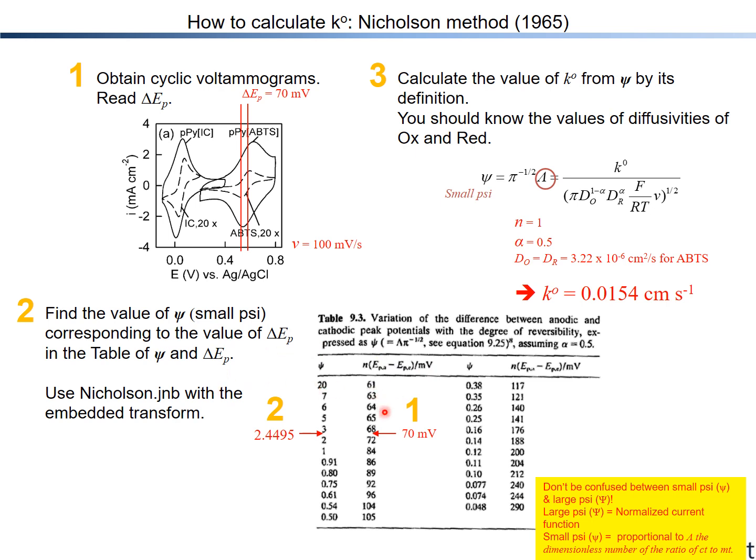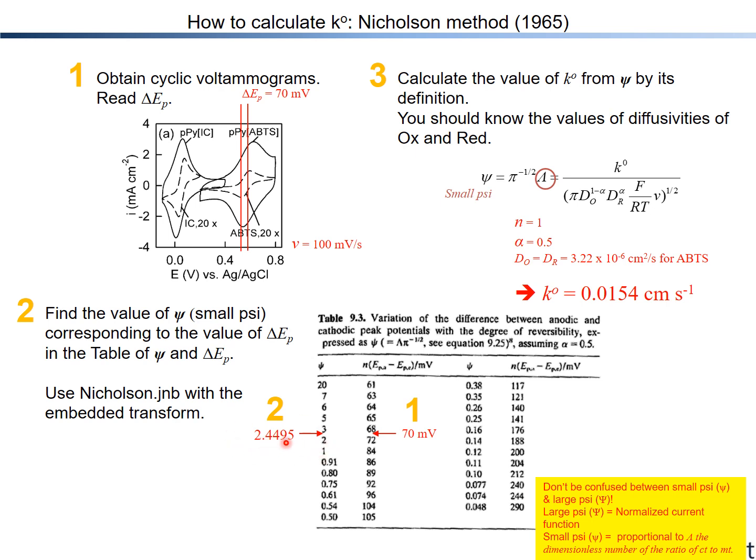Right now we have 70 millivolts for delta EP, and n is 1 electron transfer. So in this column, you can find 70 millivolts between 68 and 72. So you need to do some interpolation between those two values. For 70 millivolts, the small psi is expected to be about 2.45.